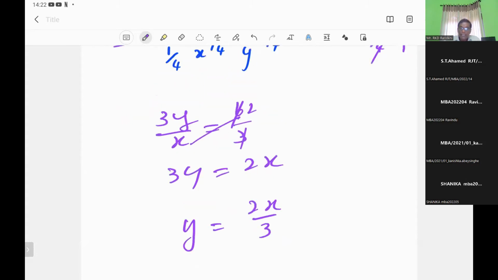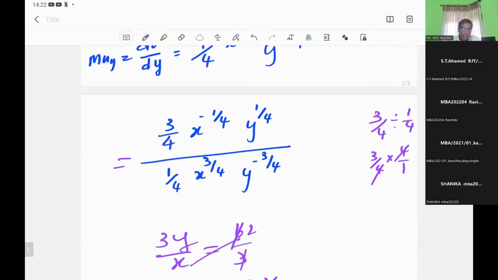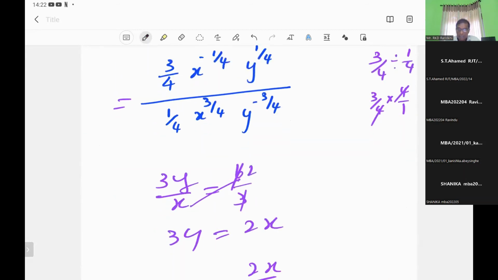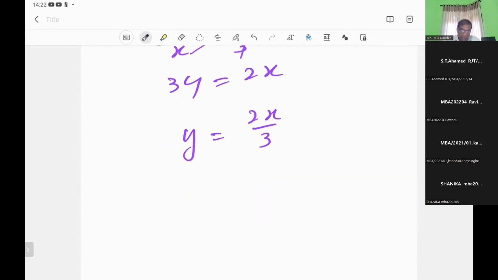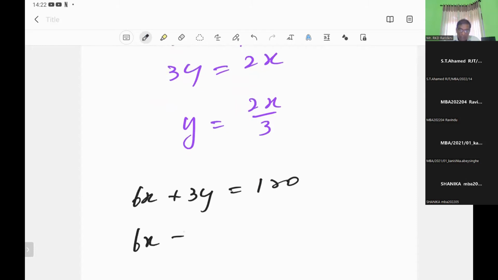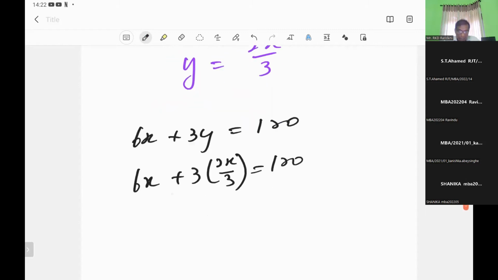Now I got the budget equation. Now budget equation, 6x plus 3y equals 120. Now use y equals 2x divided by 3, then 6x plus 3 into 2x/3 equals 120.